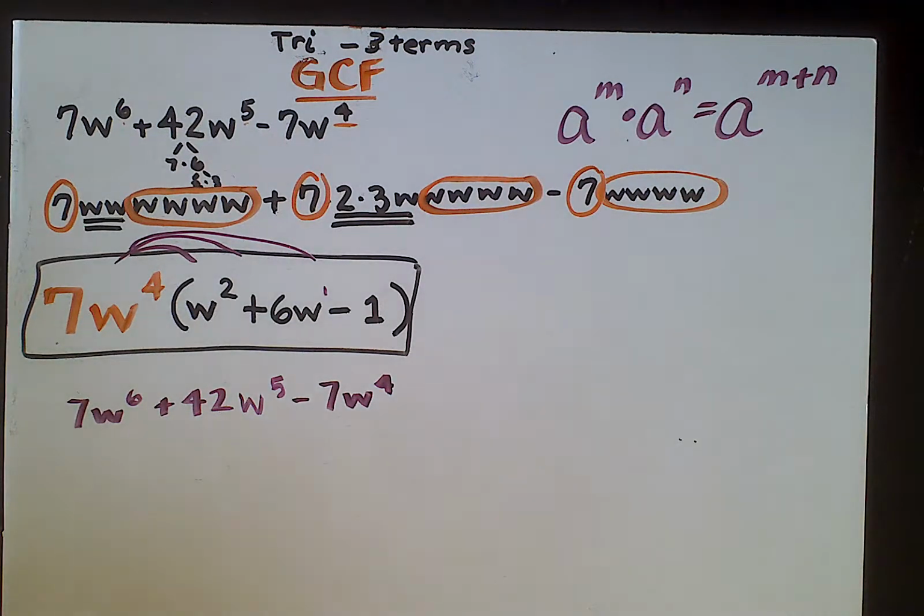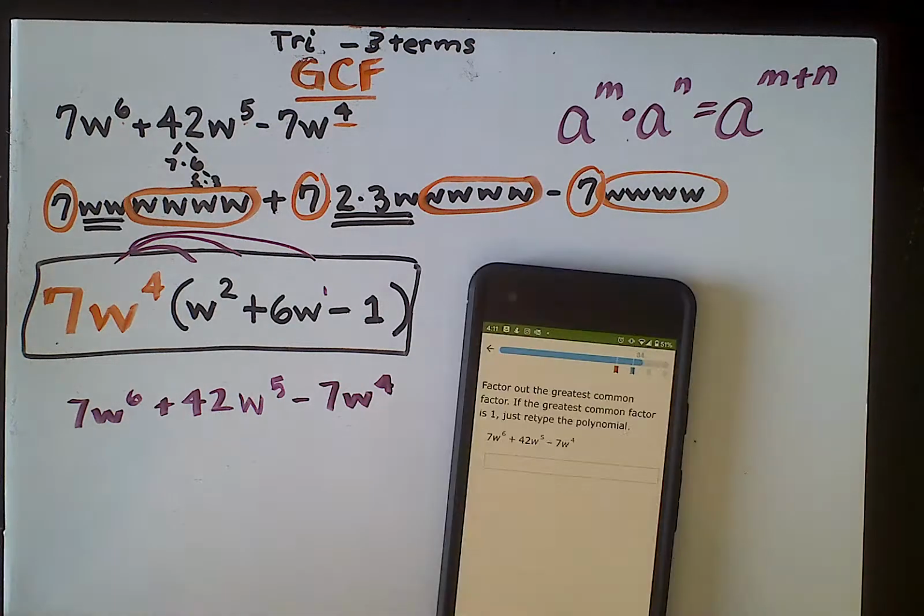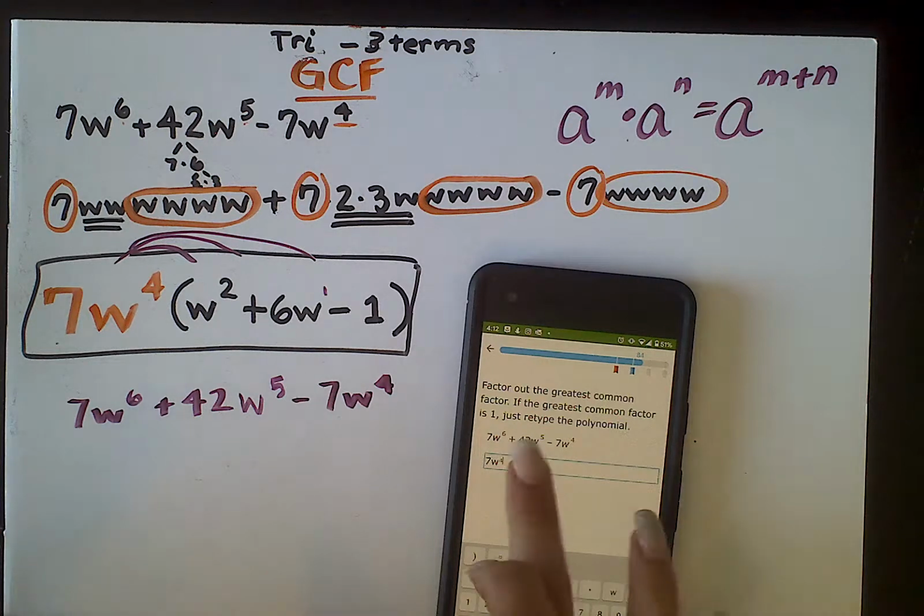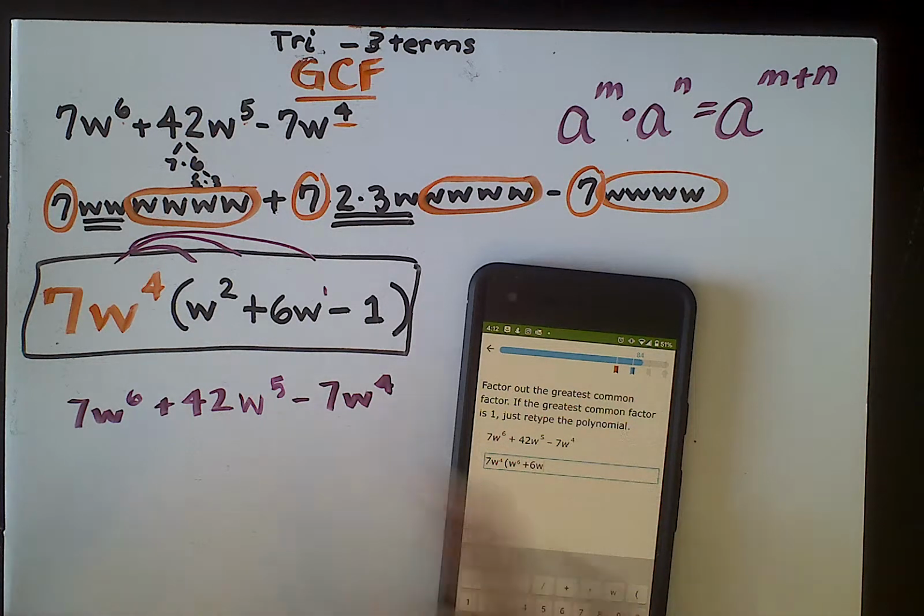So let's go ahead and type that on in. Oh, goodness. Wow. Okay. 7w to the fourth times w to the sixth minus 1.